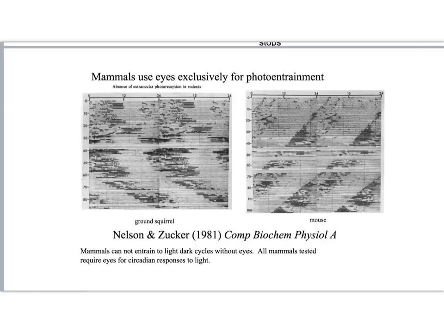But in any case, in principle, most of our circadian behavior is synchronized by the light-dark cycle, which is relayed to the circadian system by the eyes. So in other words, we don't have, as far as we know, deep brain photoreceptors, and our pineal is not sensitive to light.